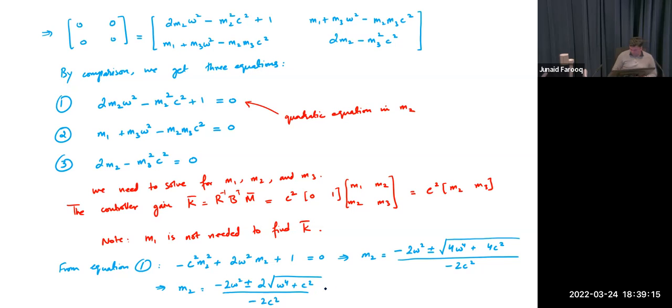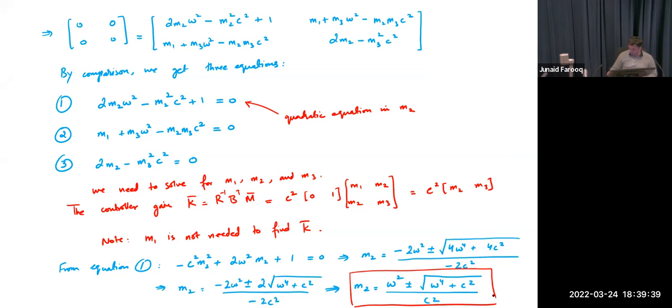So eventually M2 equals omega squared plus minus square root of omega 4 plus c squared divided by c squared.